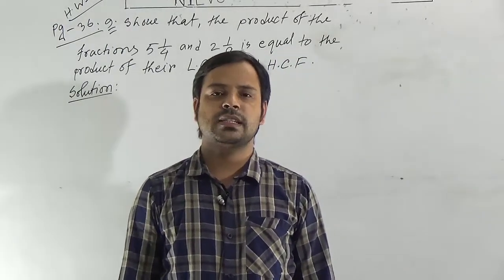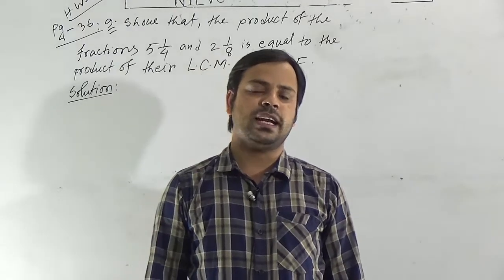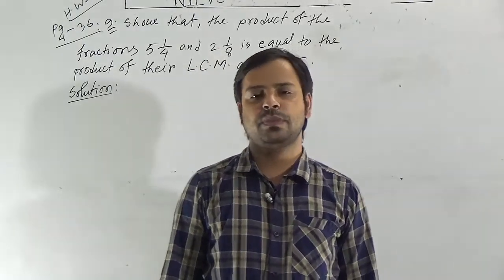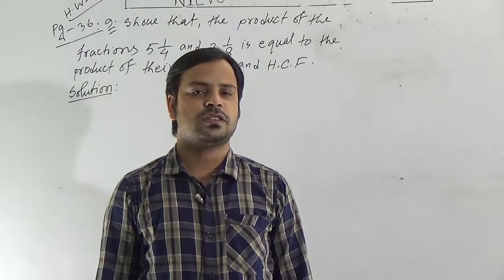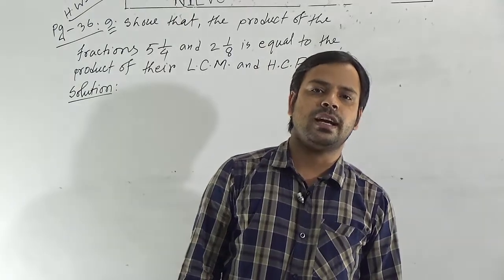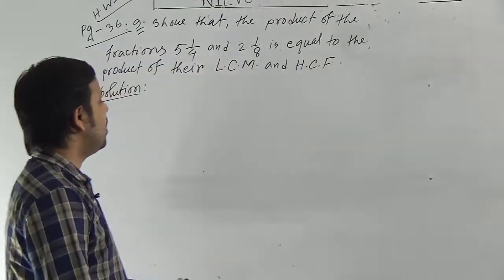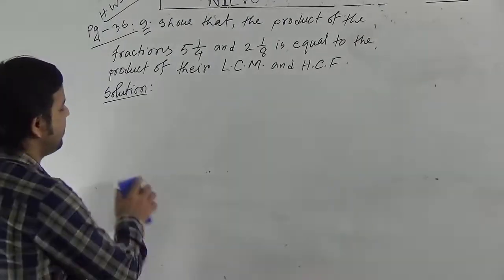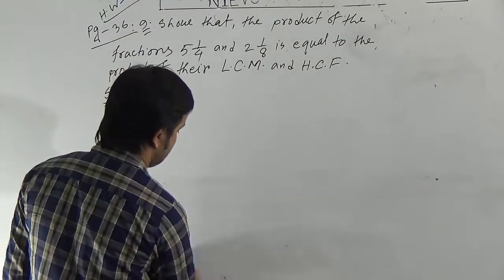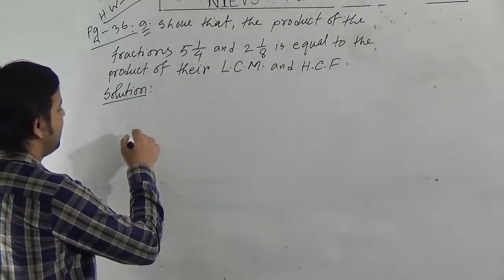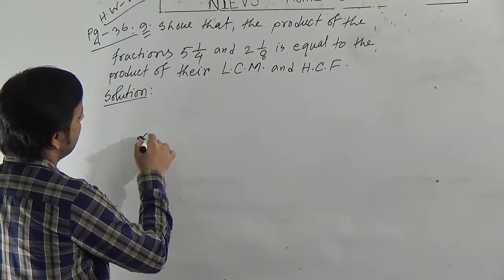Students, open your book at page 36, exercise 1.5, question 9. I will solve it today. To solve this, at first I will show how we can find the LCM and HCF of fractions. At first I will write the formula. Remember the formula.